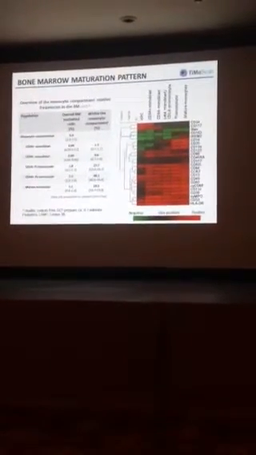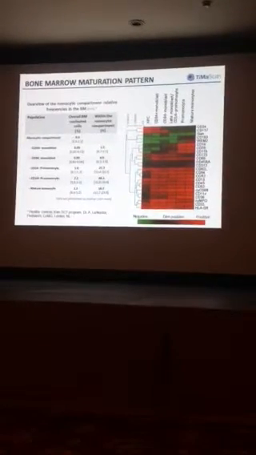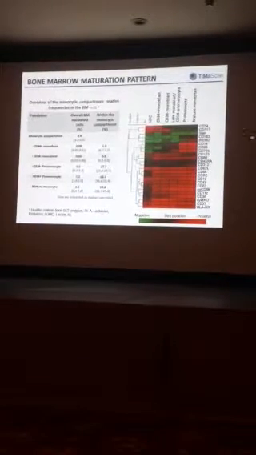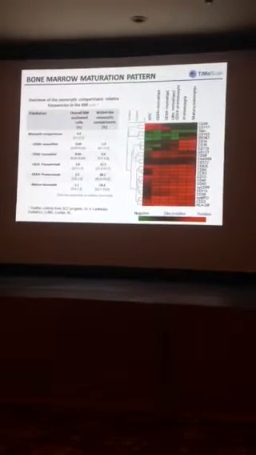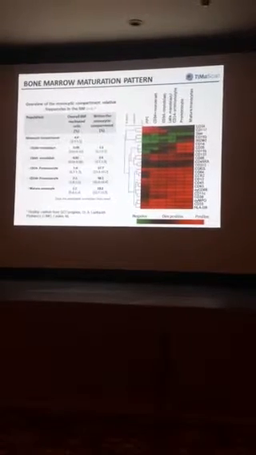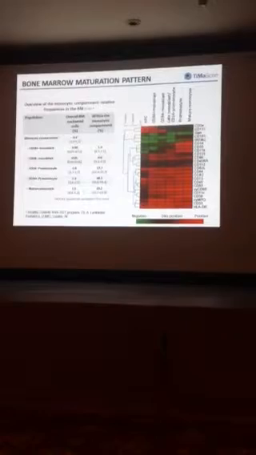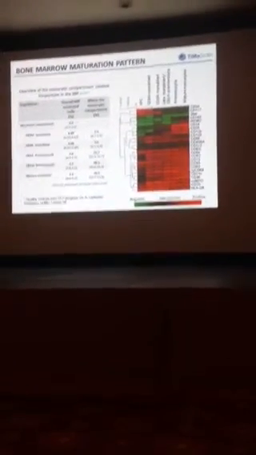So by defining these maturation stages, then you can look at the expression of all those markers I was showing before. And green means negative. For instance, SLAM is a molecule that is not expressed at all in the bone marrow monocytic compartment. Or for instance, CD163 only maybe starts to appear at the latest stages, but the intensity even is not very high.